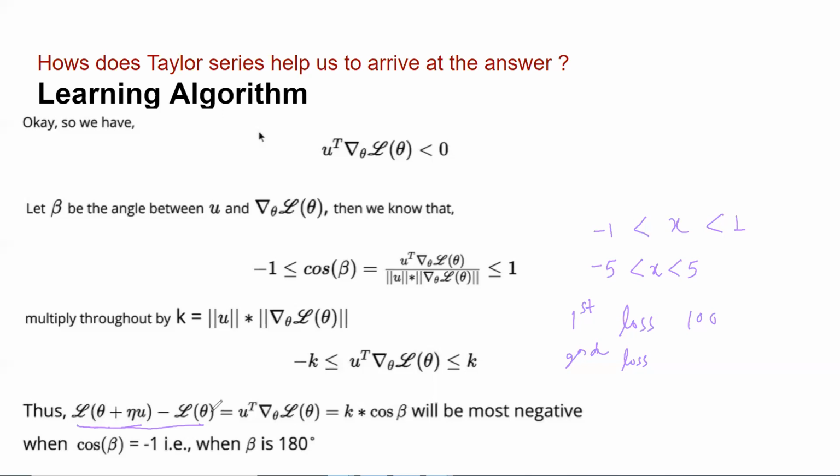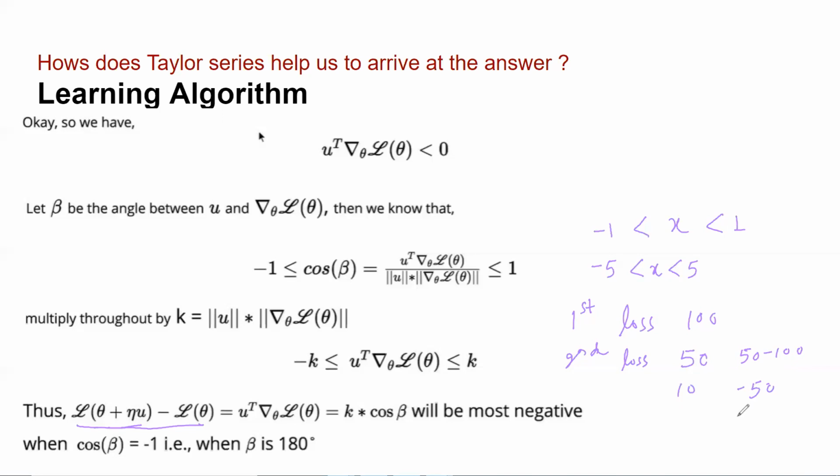So when you say as low as possible, meaning in the second iteration the loss should be, say, 50, right? If in the second iteration the loss is 50, this expression will evaluate to 50 minus 100, that is minus 50. It would have been even better if instead of 50 it had gone down to, let's say, 10.